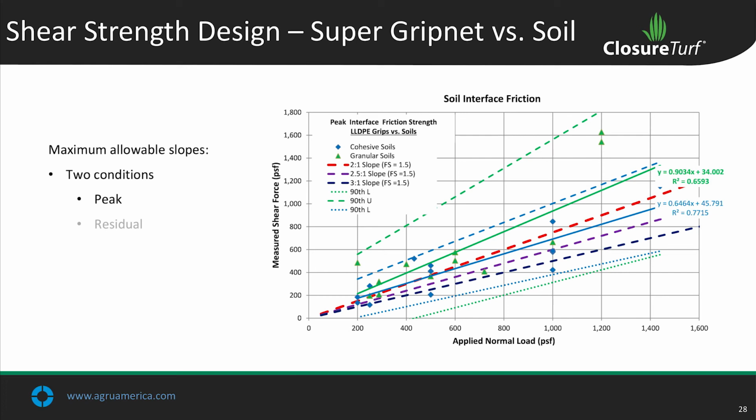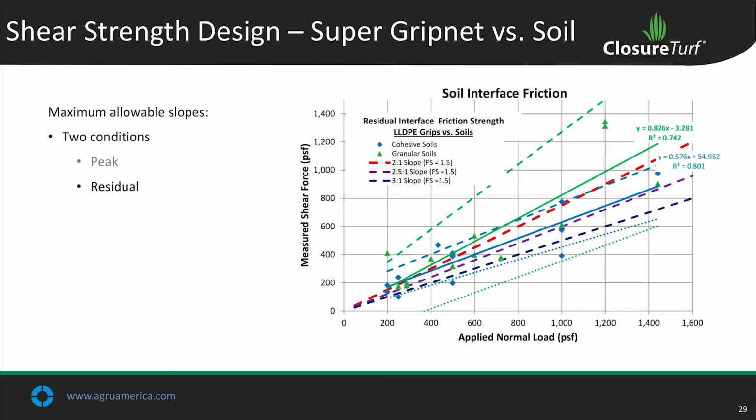Super Gripnet does a little better in granular soils simply because, well, the grips are trying to push all those grains out of the way. Cohesive soils, say a pure clay, the clay will separate around the grip and create what are called channels.